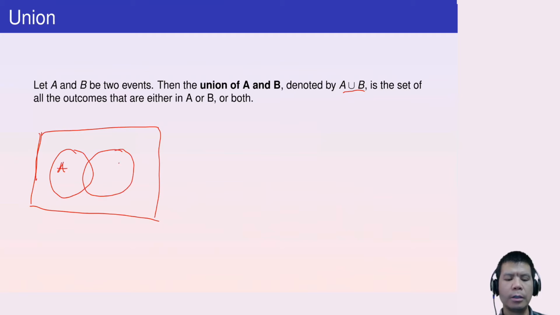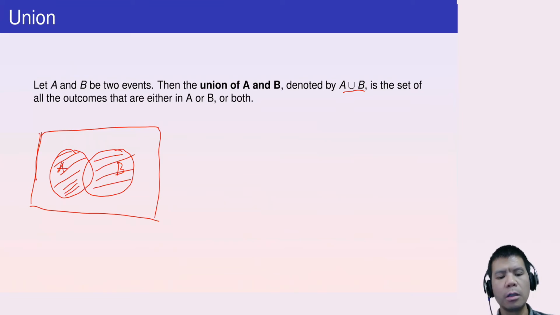Now this is the set of all the outcomes that are either in A, say this is the outcomes that are only in A, or in B, or both. So that's the intersection part.